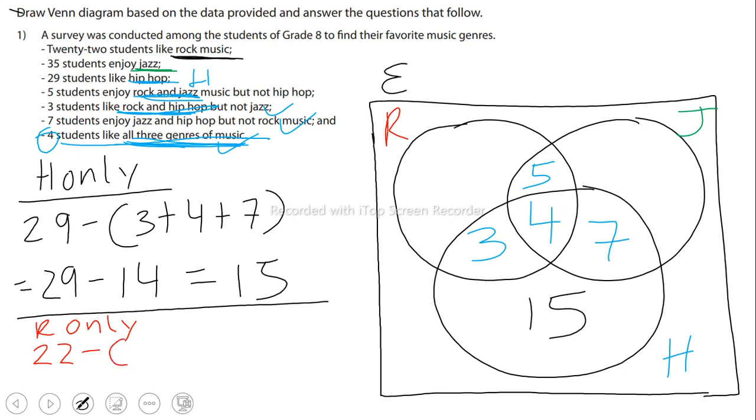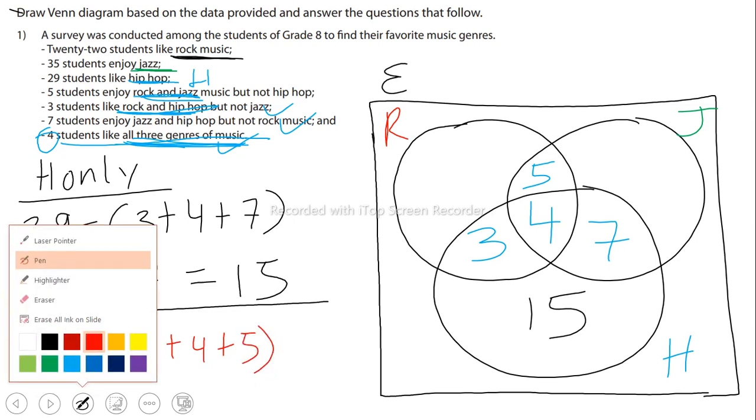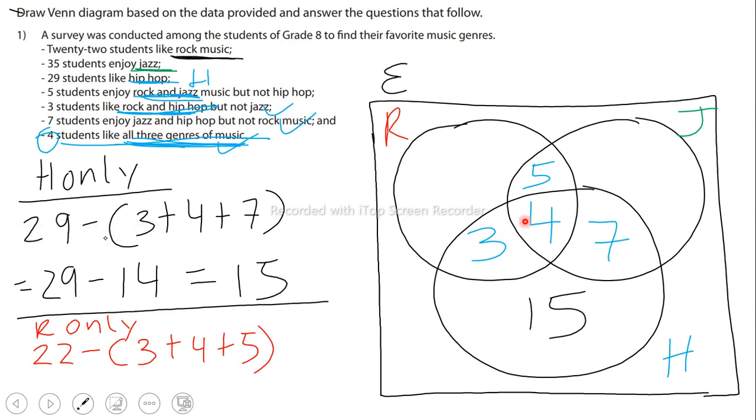So it's going to be 22 minus 3 plus 4 plus 5. Reason being is, remember, all of this is supposed to give us 22. So what we do is we add the 5, the 4, and the 3, and then we subtract that sum from 22. So it's going to be equal to 22 minus what? 12.